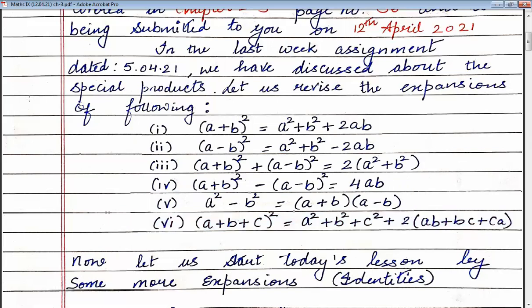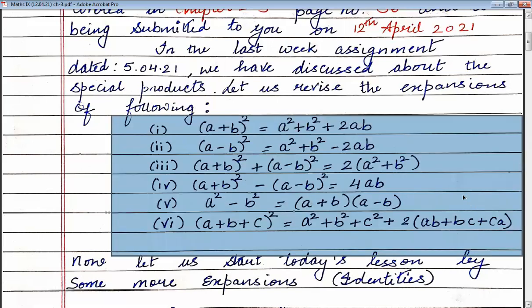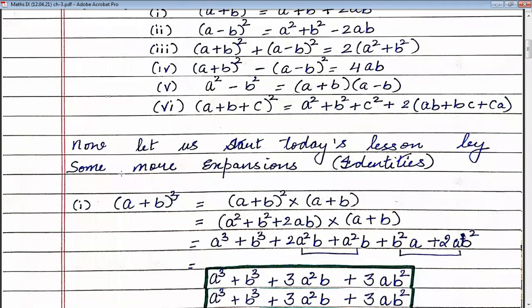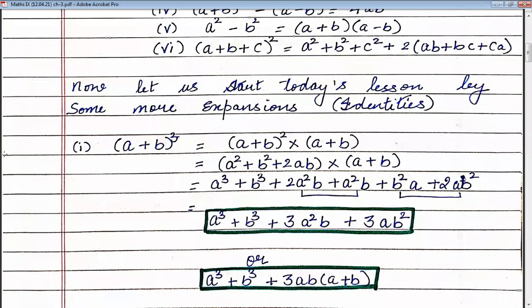Now children, you have to learn all these identities as they are, and then we will apply them in our questions. Let us start today's lesson with some more expansions. Our first one is (a plus b) whole cube.